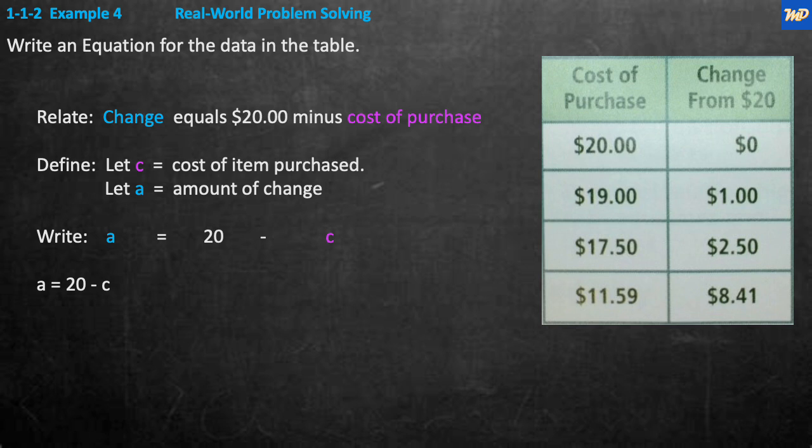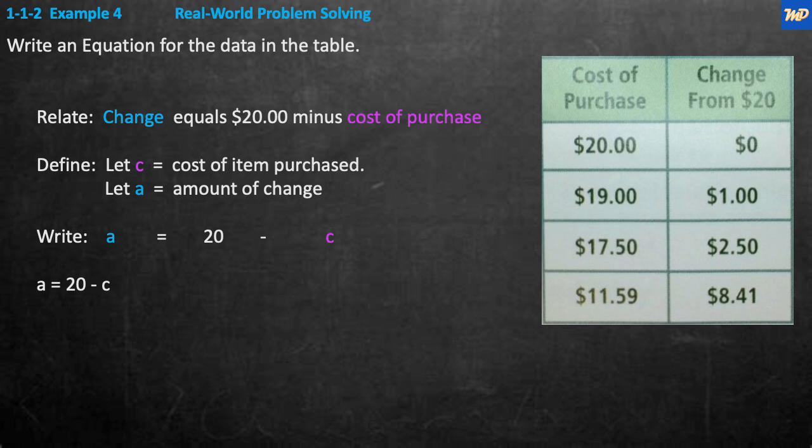So the change equals $20 minus the cost of the purchase. So when you're making change, if you buy something for $14 and you give the clerk $20, your change is $6.